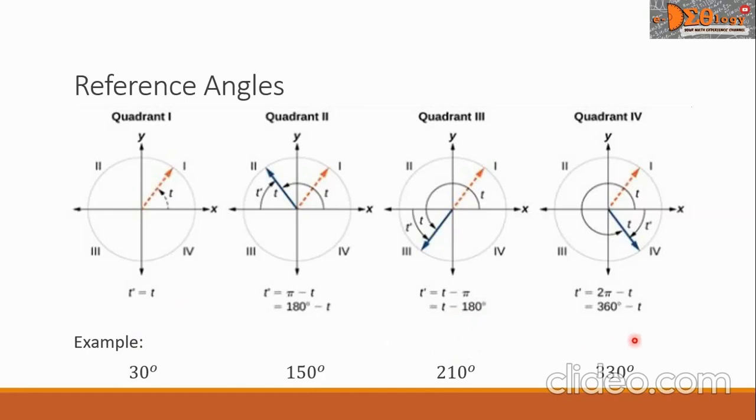This angle is found in the fourth quadrant, and we get the reference angle by using the formula 360 degrees minus T, where T is the given angle 330 degrees. So 360 degrees minus 330 degrees equals 30 degrees. Again, the reference angle of 330 degrees is 30 degrees.